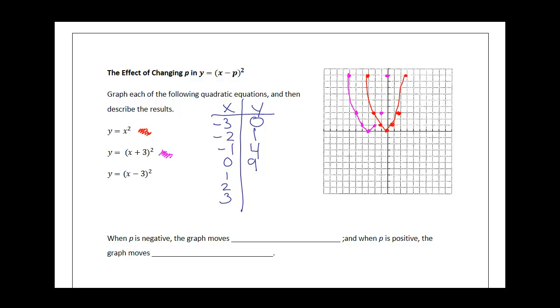So what happened to our original parabola here? Well, the shape didn't change again. Instead, it shifted. But instead of shifting up and down, it shifted to the left. So the effect of changing our p-value is going to shift our graph either left or right.